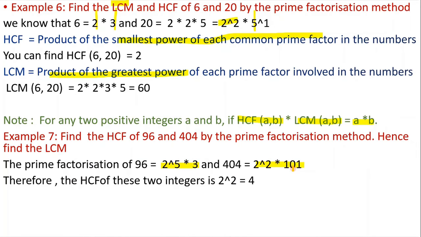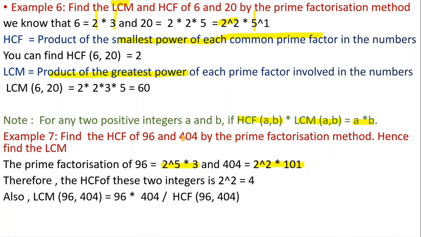But here they are asking us to find LCM with the help of the note given, that is, the product of the two numbers is equal to the product of their LCM and HCF. We already know that the HCF of these two numbers is 4, and the product of these two numbers is 96 into 404.